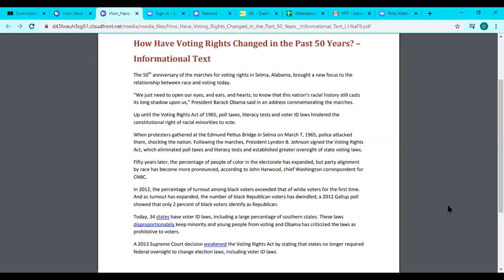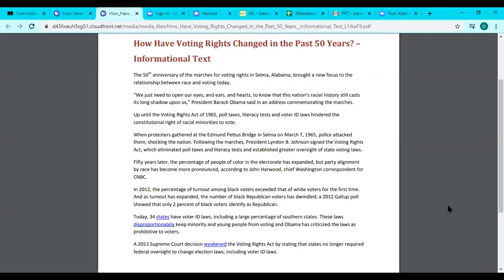50 years later, the percent of people of color in the electorate has expanded, but the alignment by race has become more pronounced.